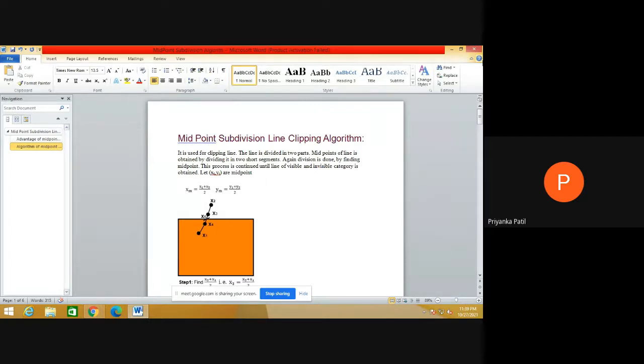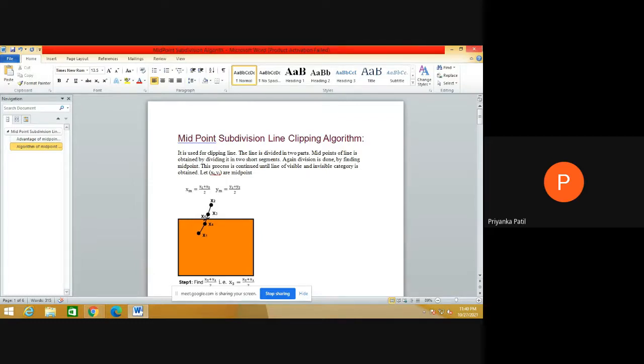This subdivision process is repeated until we get the completely visible portion of the line or a completely invisible line segment. The process continues until the line falls into the visible or invisible category. This figure shows the line x1 to x2.